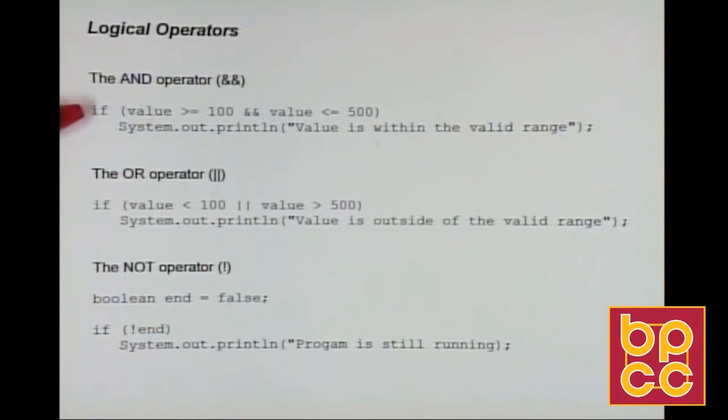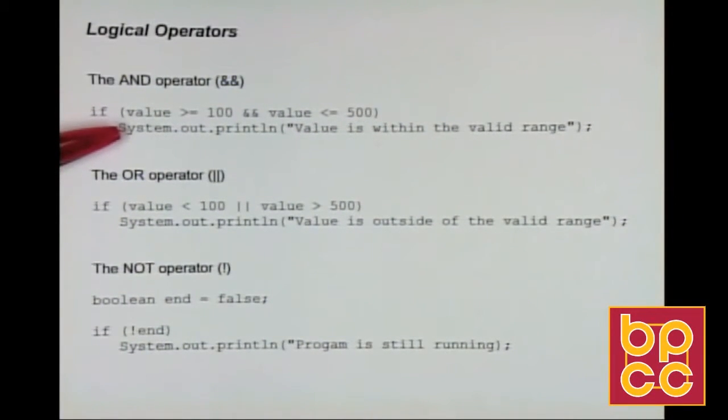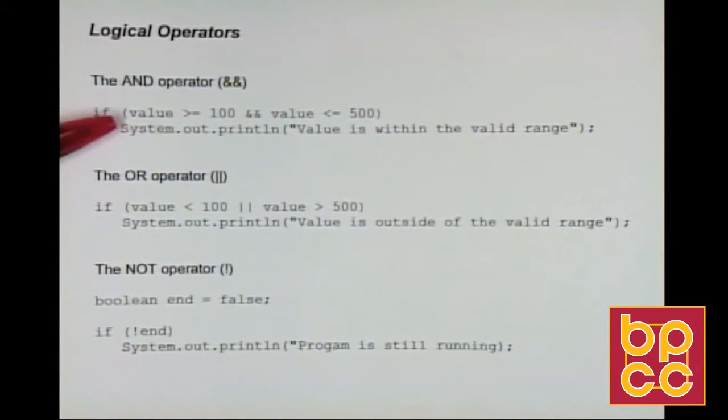And like in this case, if value is greater than or equal to 100 and value is less than or equal to 500, in this particular case, the AND operation says if both of these conditions are true, meaning that this value here is in the range between 100 and 500, then this will come up true.